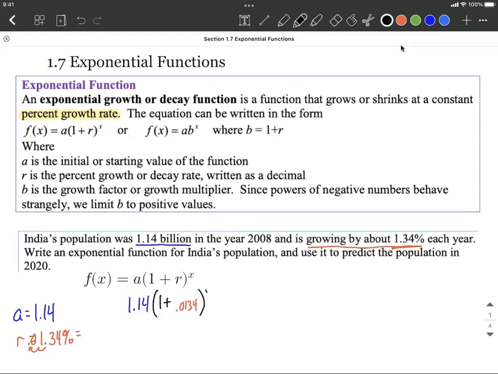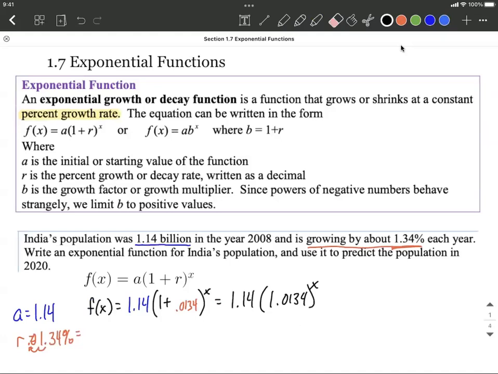Let's use x as our variable. So our function is going to be f of x equals 1.14 times the quantity 1 plus 0.0134 all raised to the x power. We could simplify this if we wanted to: 1.14 times 1.0134 raised to the x power. And you'll see b from up above in this version of the formula would correspond to this 1.0134.